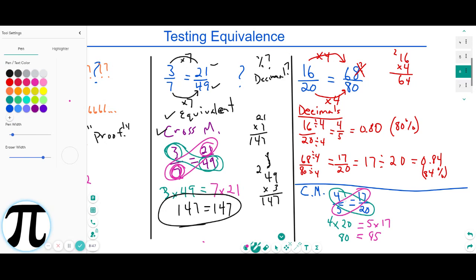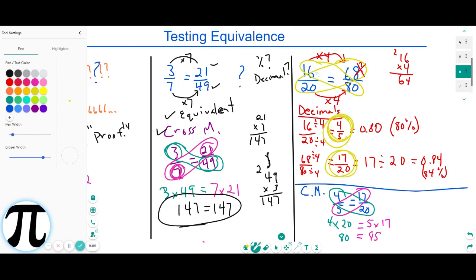Okay, so I set the cross multiplying, and by the way, did you notice something here? Look what I did. Instead of, I could do the butterfly this way, but look how big those numbers are, right? Those are pretty big numbers. So what I did was I used the simplified fractions. By the way, if they're the equivalent fractions, you can set them up.